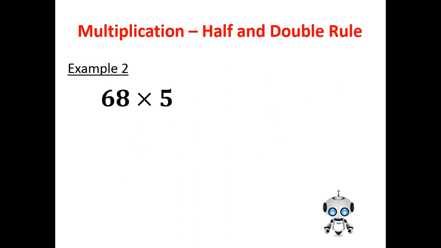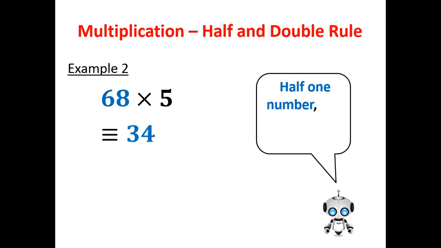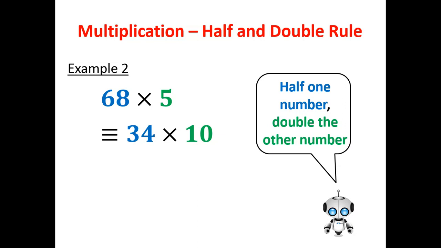Right, example 2. I want to multiply 68 by 5. Well, this time I'm going to halve the first number. I don't always have to double the first, I can halve the first and double the second. So I'm going to halve 68 to get 34. But if I halve that, I have to double the second number, and double 5 makes 10.